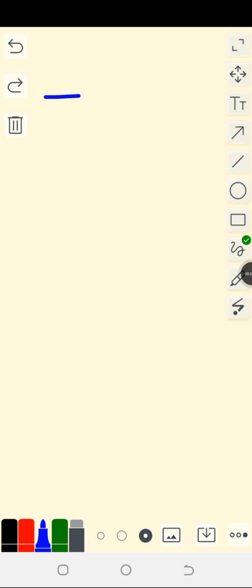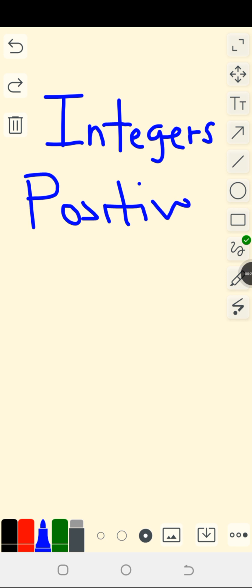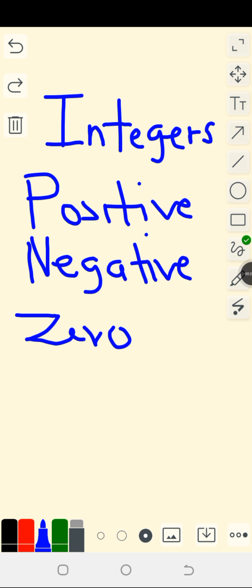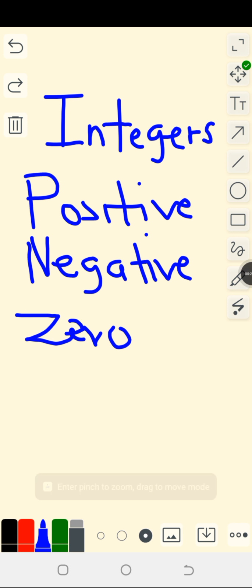Now another type of number that we'll be dealing with is what we call integers. Integers. Now what are integers? Integers are numbers that consist of positive natural numbers, negative natural numbers, as well as 0. So that means we can refer to integers as numbers consisting of whole numbers, because don't forget that whole numbers are positive numbers and 0.